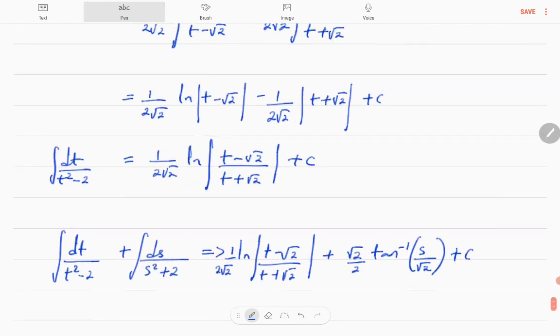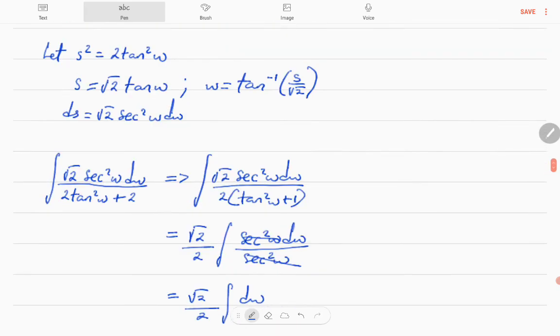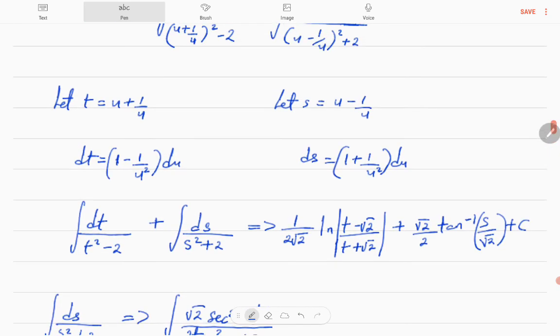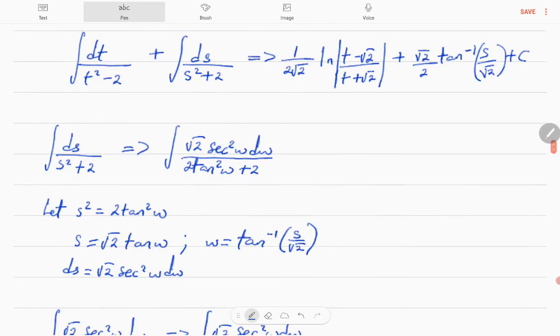And of course, we have our t here as 1 plus 1 divided by u, and s as 1 minus 1 divided by u.